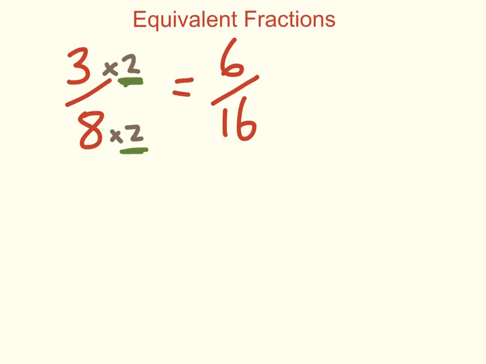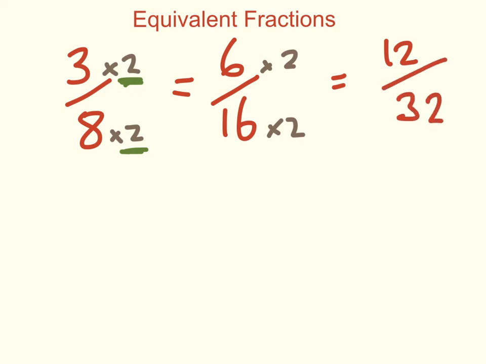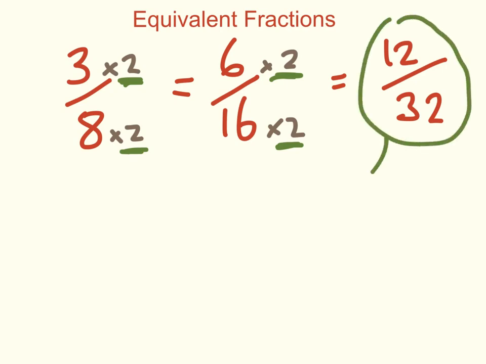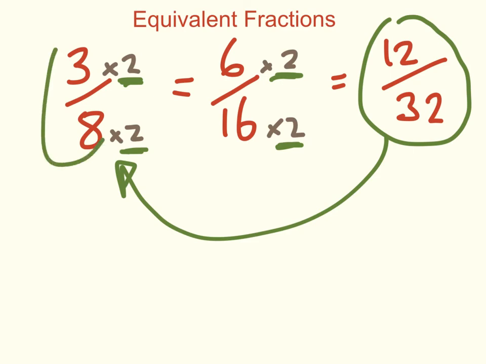We could even do another example. Let's multiply 6 by 2 and 16 by 2. 6 times 2 is 12. 16 times 2 is 32. Because we multiplied by the exact same number, we have an equivalent fraction. 12/32 is the exact same as 3/8 and also 6/16.